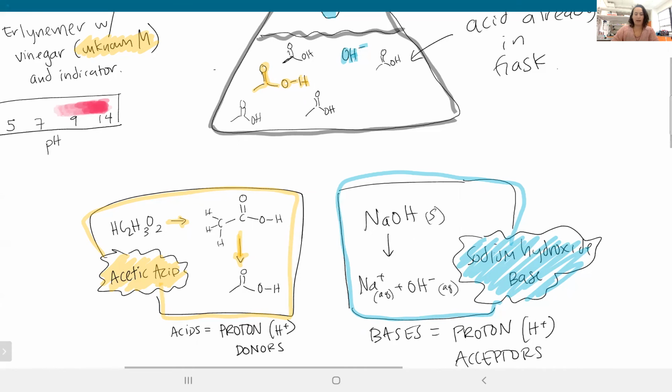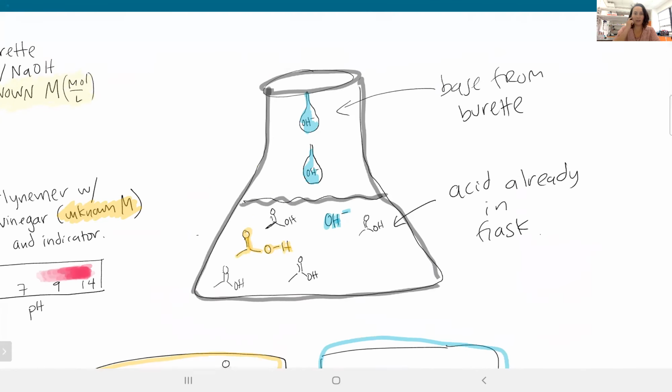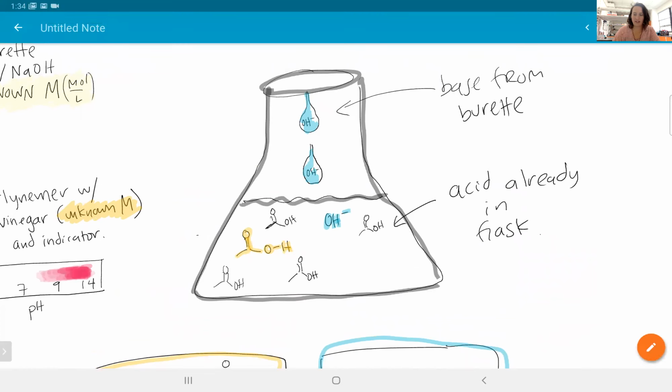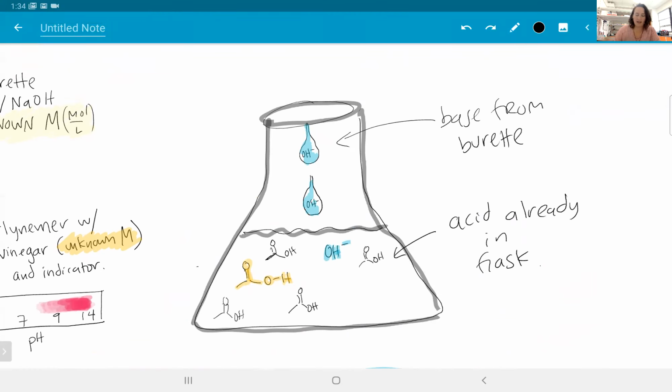Okay, so if we look back up here, now we're slightly familiarized with what the structures of everything are. We have sodium hydroxide here being dropped in from the burette into your solution. And again, in the bulk of the solution, you see all these little acetic acid molecules because it's just the acetic acid from the vinegar.